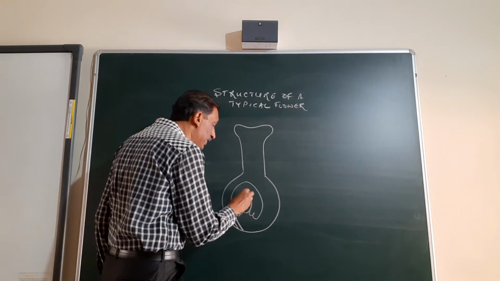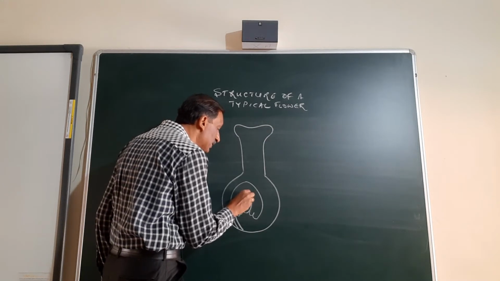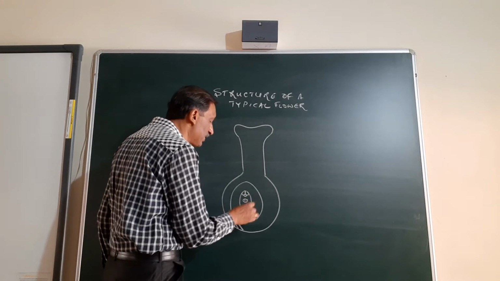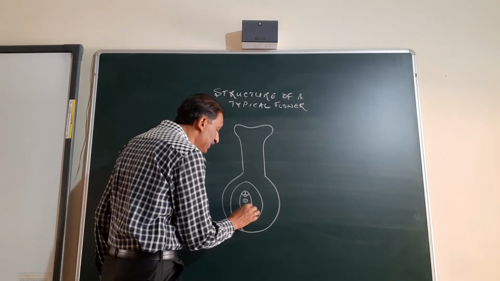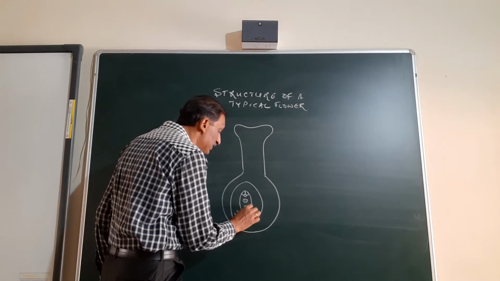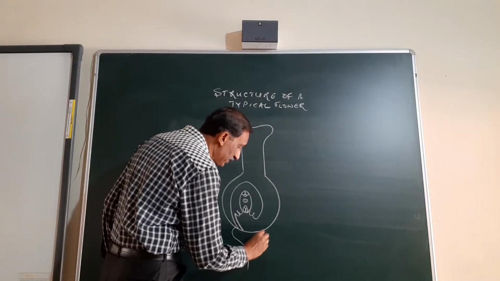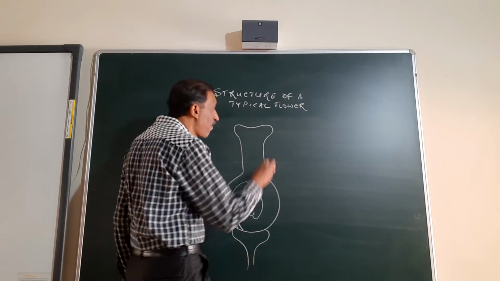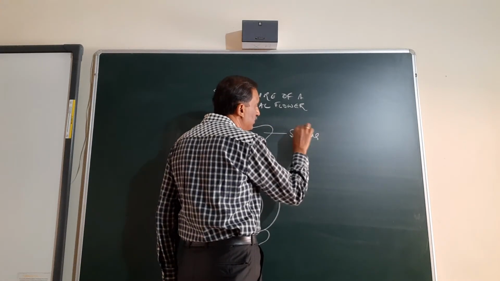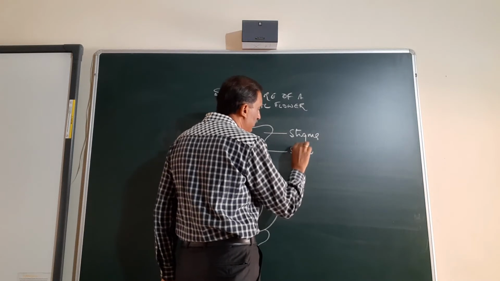This is called funicle, and there are three cells here. They are called antipodal cells, and there is one cell here with two nuclei, that is called polar cell. And there is one egg cell here and two accessory cells, that is called synergids. Okay, so now, and there the receptacle is. So stigma, style.